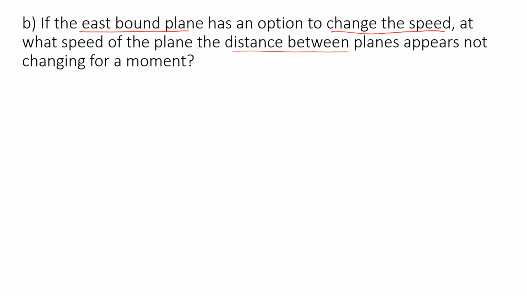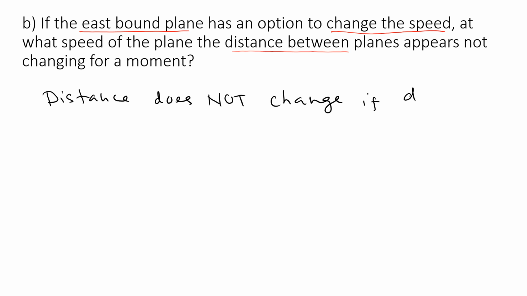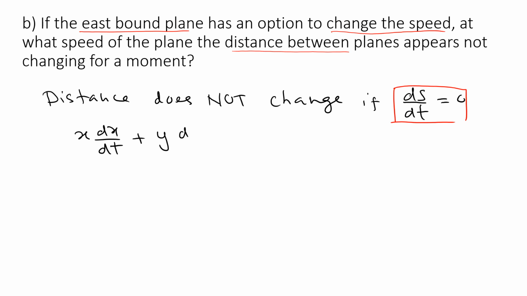So you can say the distance does not change if the derivative, that means ds over dt, equals 0. That's the condition we can use. We also know the formula from the previous part, which is x dx over dt plus y dy over dt. And what we do is set this equal to 0.